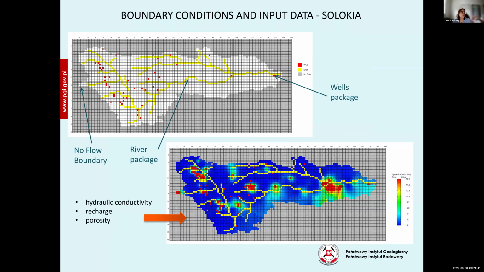A few words about the boundary conditions and parameters. The catchment boundaries were represented by type 2 no-flow boundary conditions, a type 2 well boundary condition was used to represent groundwater extractions, and rivers and their tributaries were simulated using a type 3 drain boundary condition.